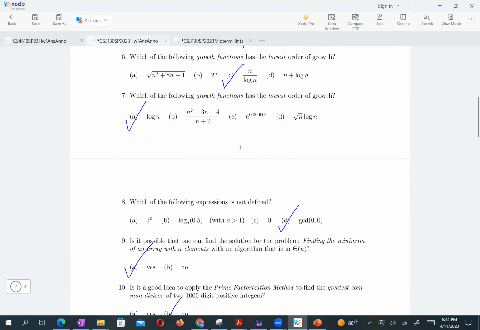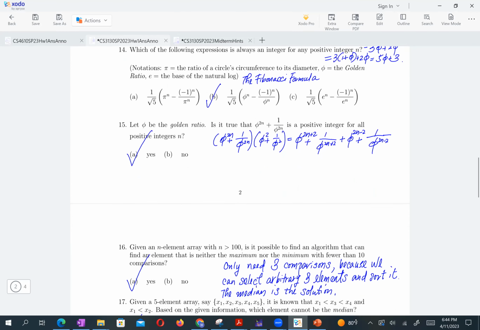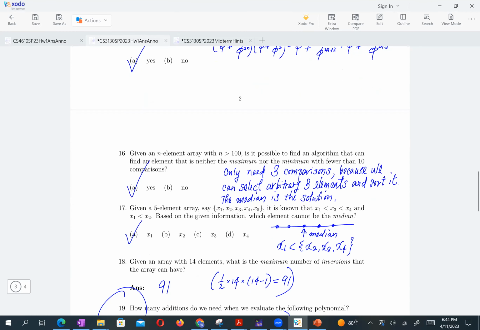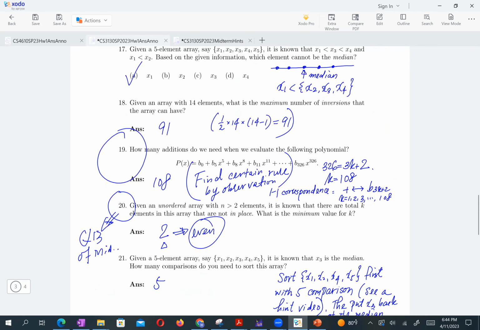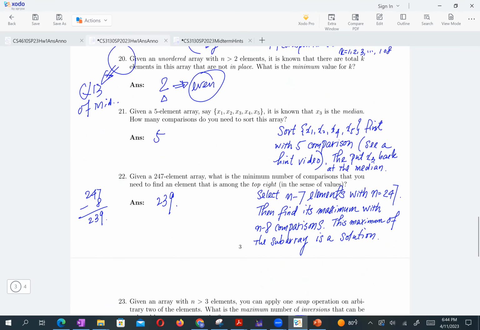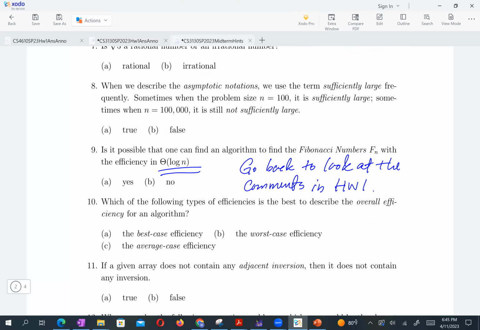Did I do it? No, sorry. Not homework 1. I did those comments somewhere in class. Anyone remember? To find the Fibonacci numbers, I talked about it, and in the textbook, there is a solution based on matrix multiplication.